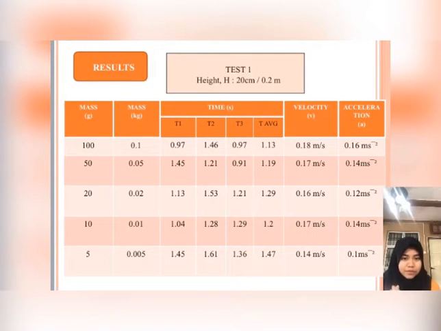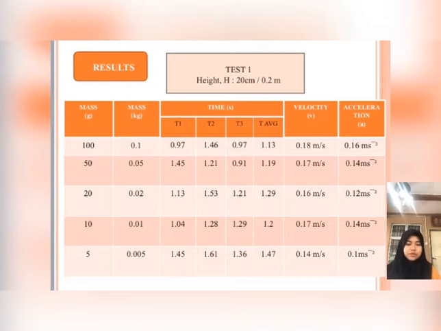For T3: 0.97, 0.91, 1.21, 1.29, and 1.36. For the time average: 1.13, 1.19, 1.29, 1.2, and 1.47.